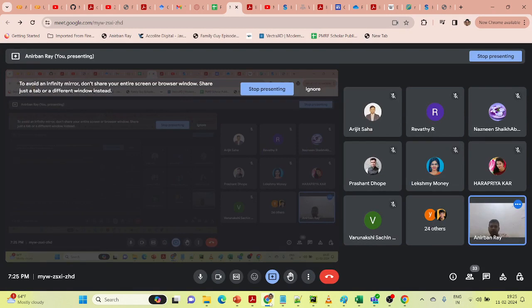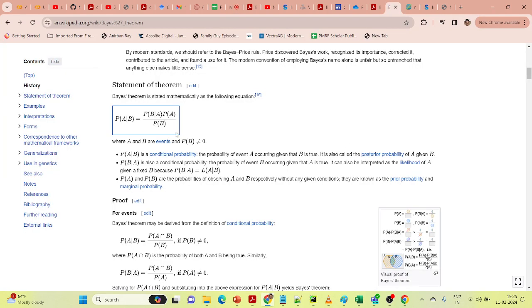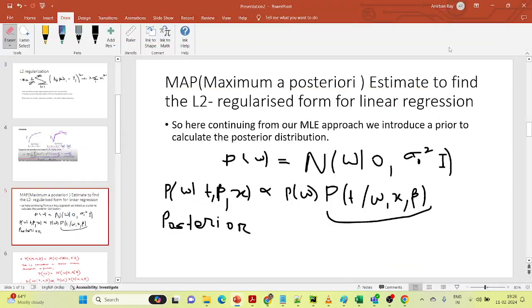To get the posterior we need to divide by the evidence P(B). We are not doing that, we are just multiplying this. So the posterior is proportional to this product, but not equal.